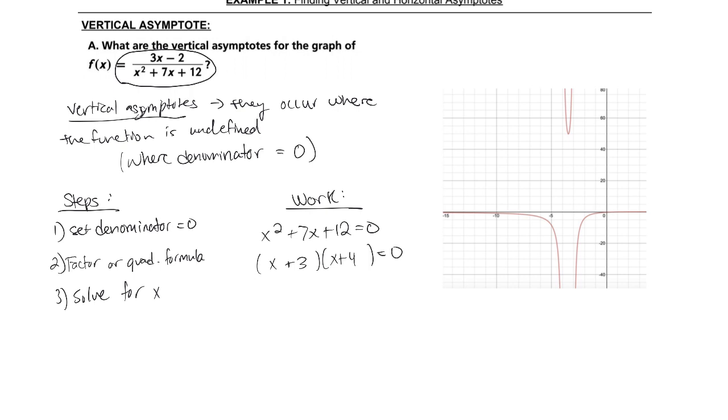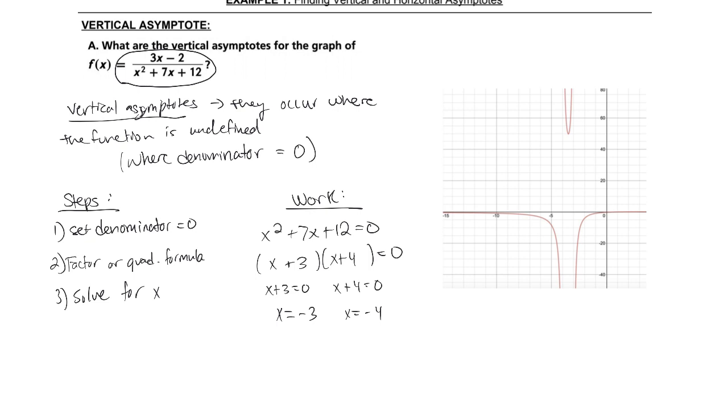Right? So since we factored, we need to use the zero product property and solve for the zeros. So x plus 3 equals 0 and x plus 4 equals 0. Therefore, we get x equals -3 and x equals -4. Okay.